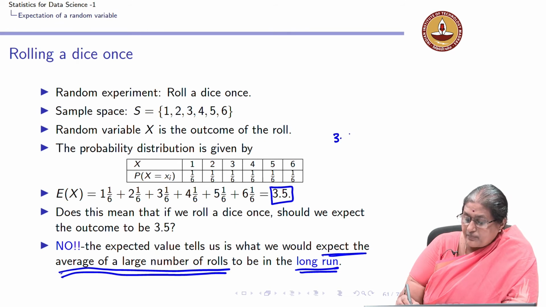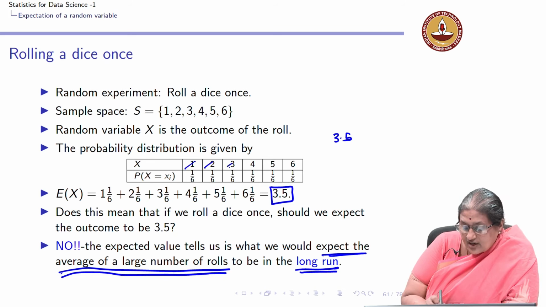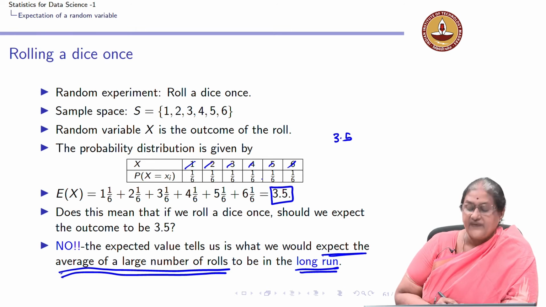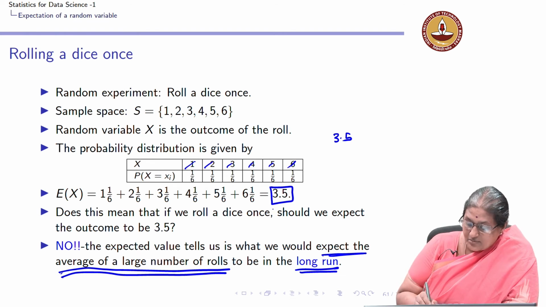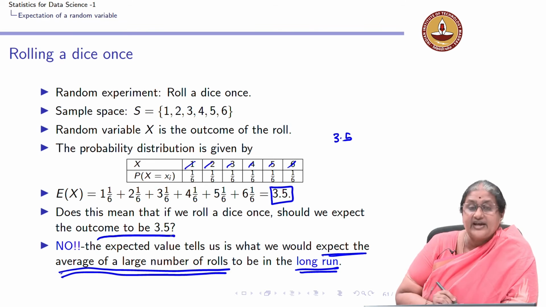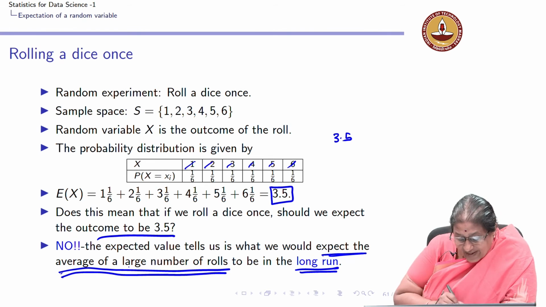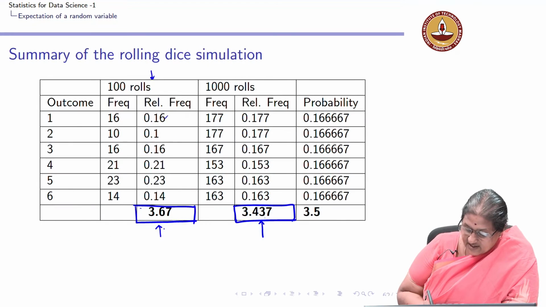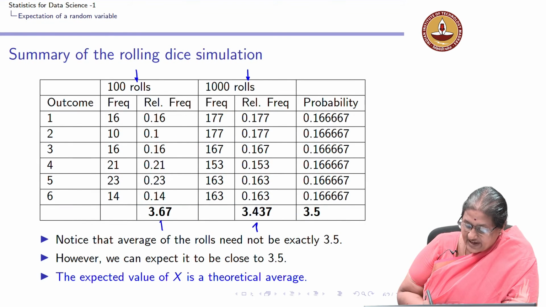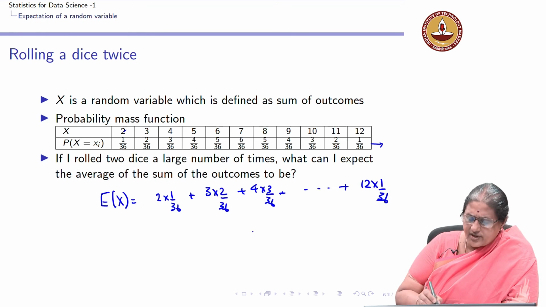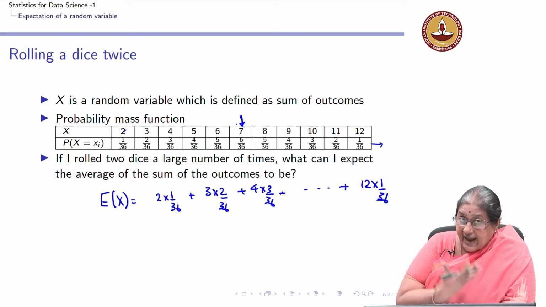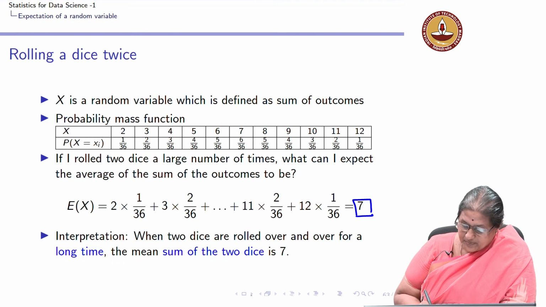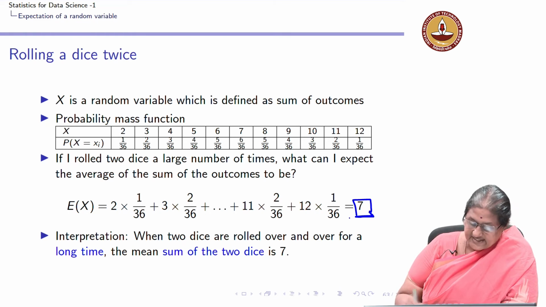It was 3.5. X does not take a value of 3.5. So, I am not saying that x can take a value of 3.5. We are looking at an average of these outcomes. Whereas here x is taking a value which it is already taking, which was the value of 7. It can happen, it need not happen also.